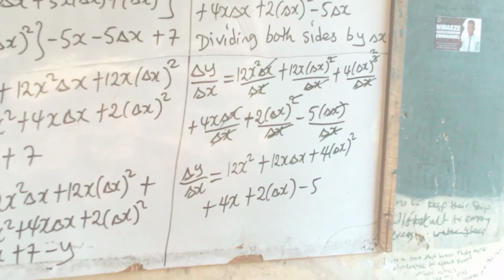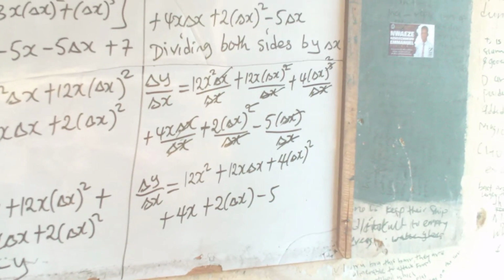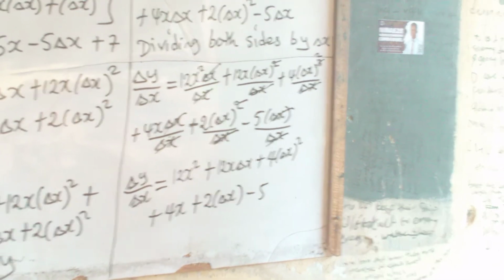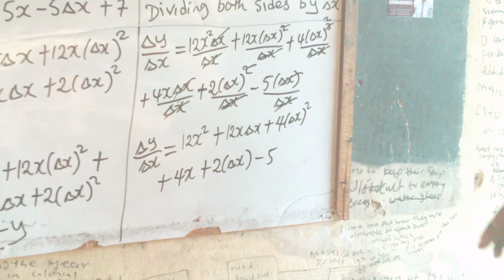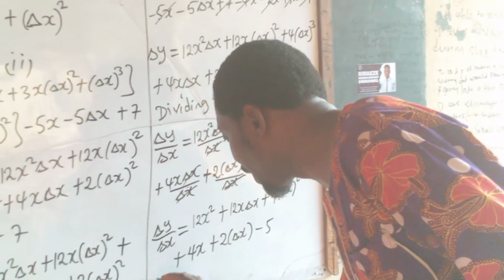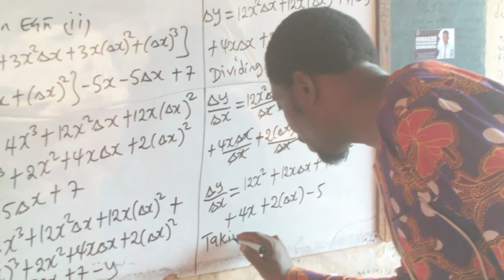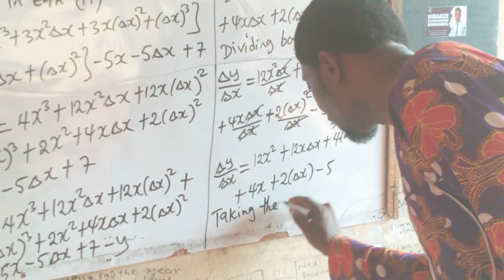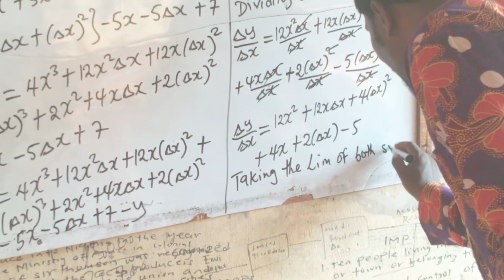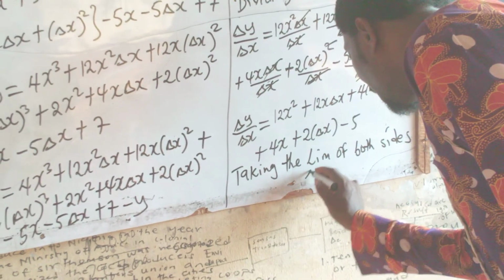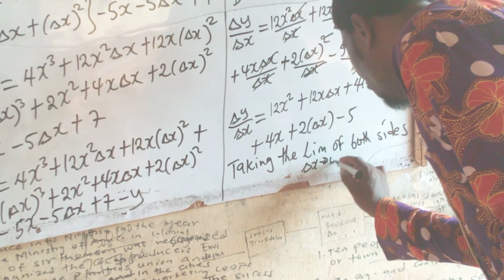So we are going to the next step. So the next step will be what? The next step will now be we take the limit of both sides as change in s tends to 0. That's the next step. So now say taking the limit of both sides as change in s tends to what? 0.